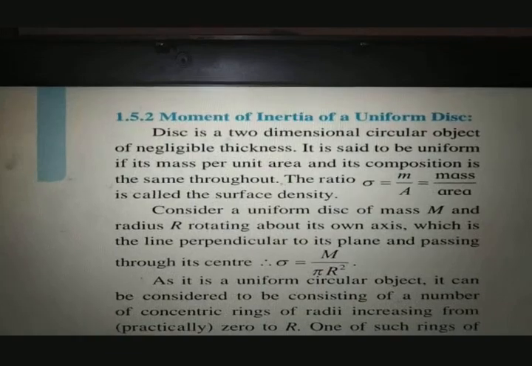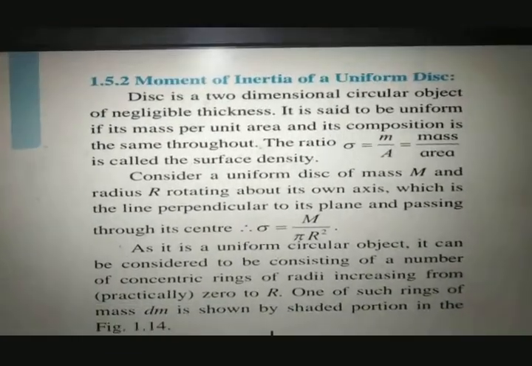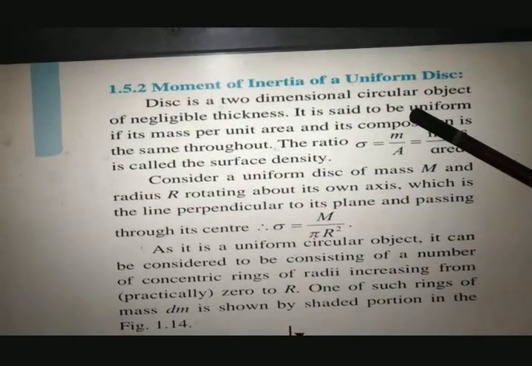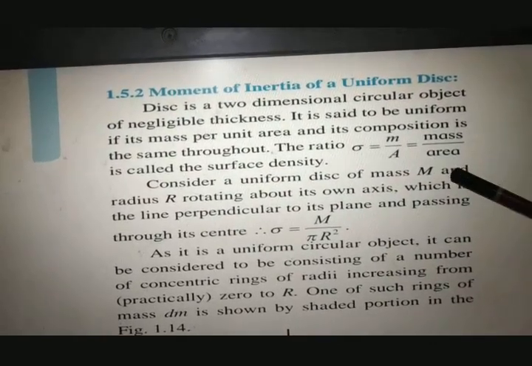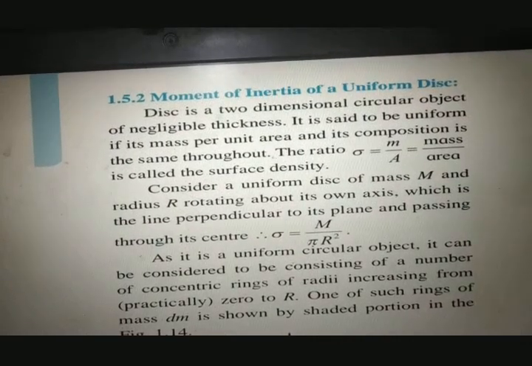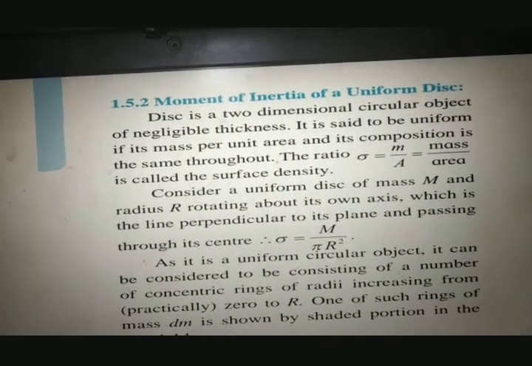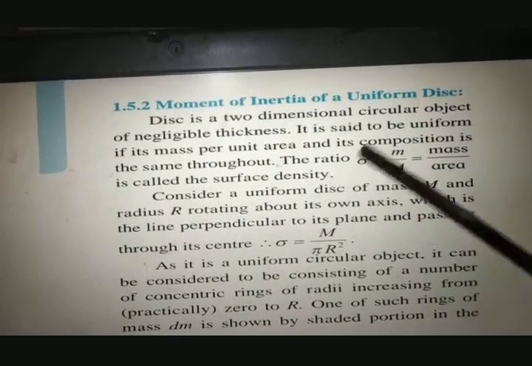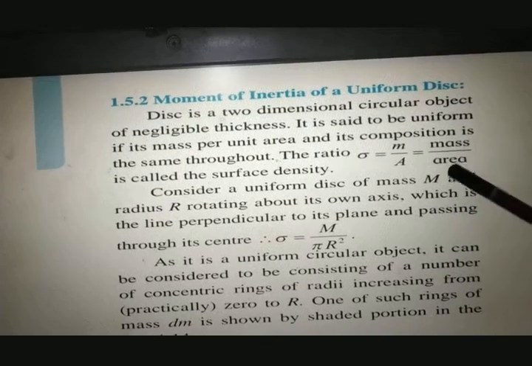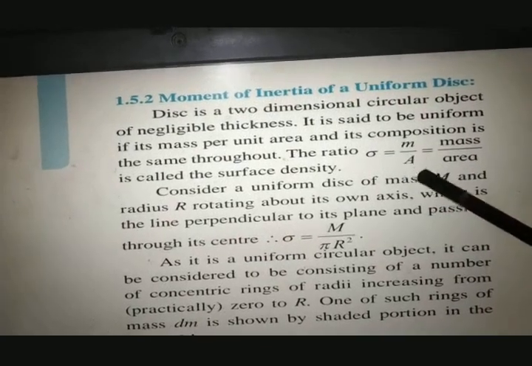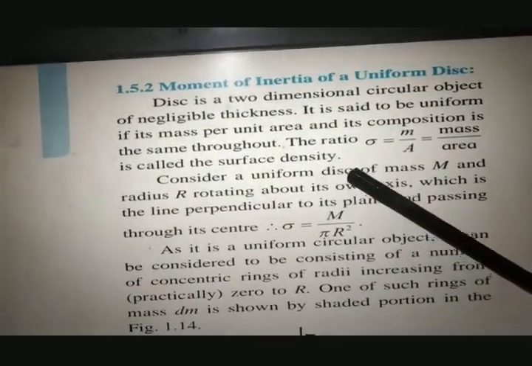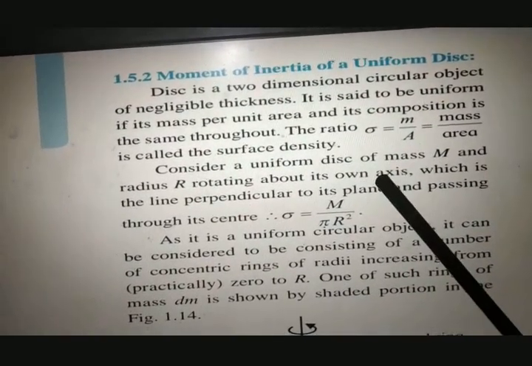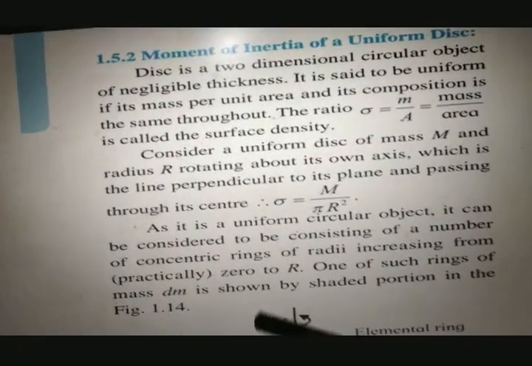In this case, see, the surface density will be given by sigma equals m upon A, that is mass upon area. Like normal density, how do you define it? Mass upon volume. So this surface density we are defining as mass upon surface area A. Now consider the disc. A uniform disc of mass m and radius r is rotating about an axis which is perpendicular.